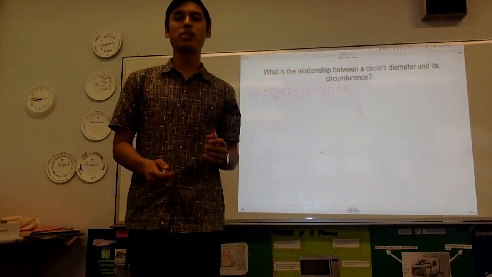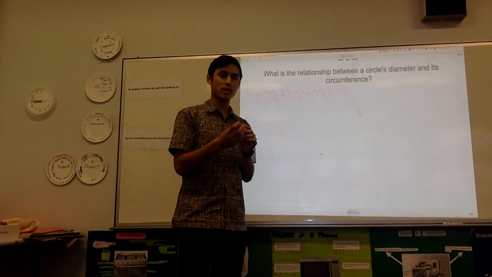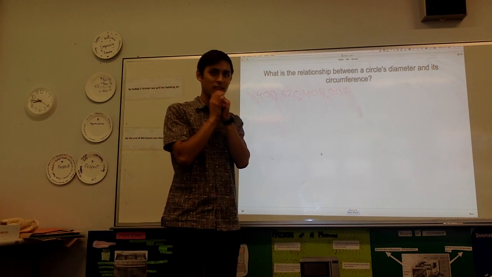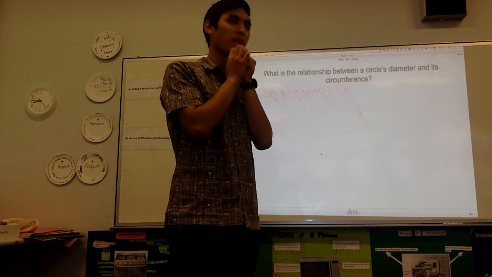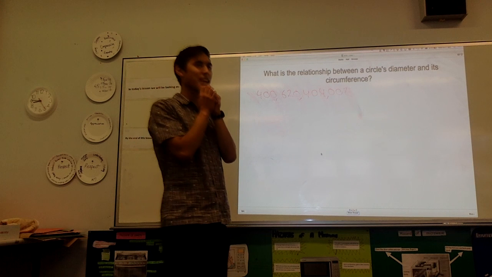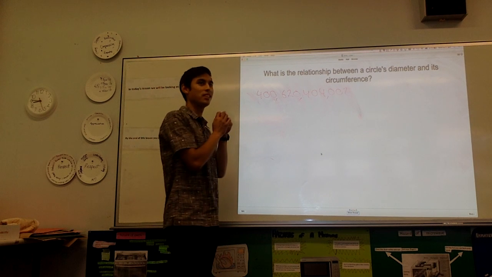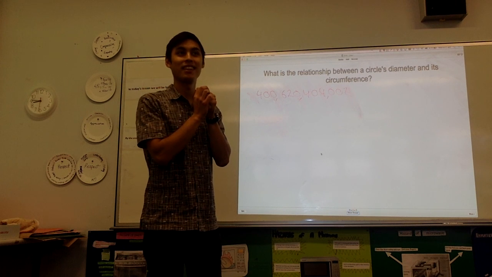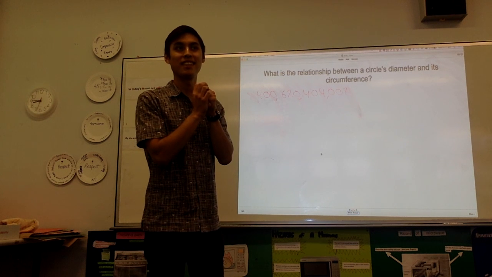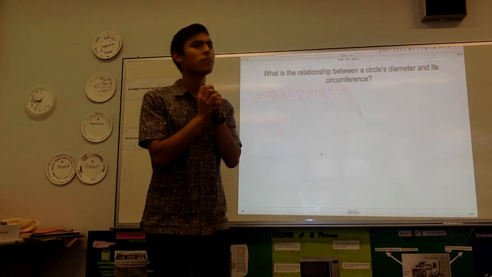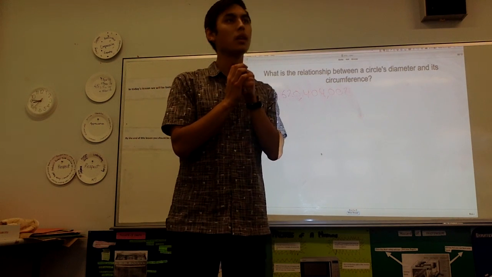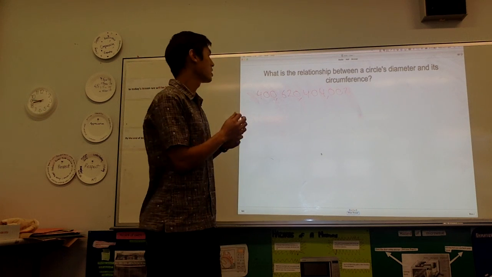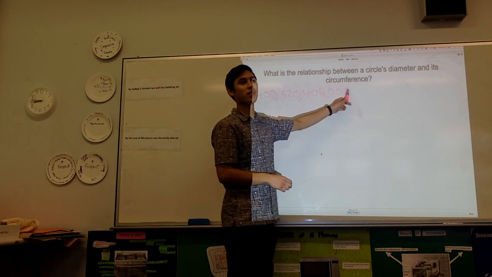What's the relationship between a circle's diameter and its circumference? Jesse. Diameter times pi is circumference. Anisha, what was that we just covered? It's pi times the diameter gives you the circumference.